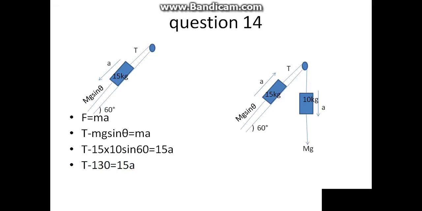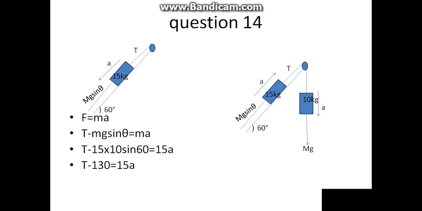Putting the unknown values on one side and the known value on the other side, we have T minus 15a is equal to 130. This will now be our equation 1.